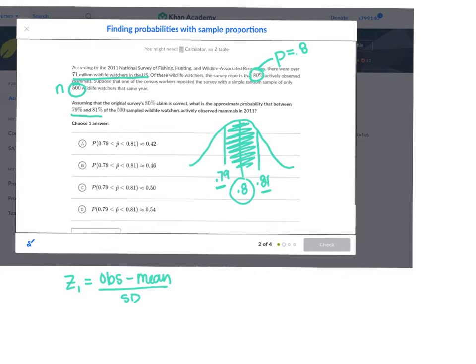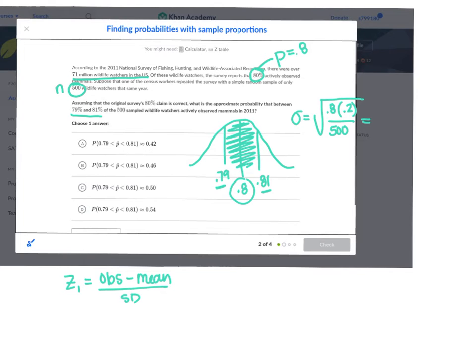And remember, with proportions, my standard deviation is that really big square root of p times not p. So if p is 80%, 1 minus 80% is 20%, divided by my square root of n. So I'm going to calculate that out.